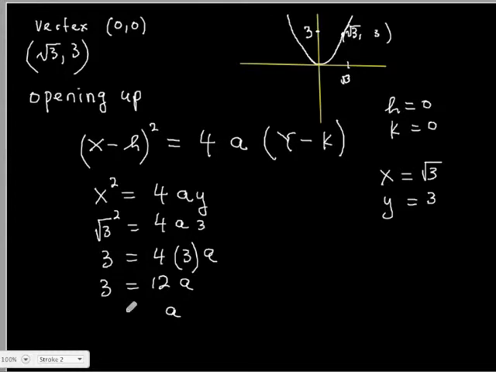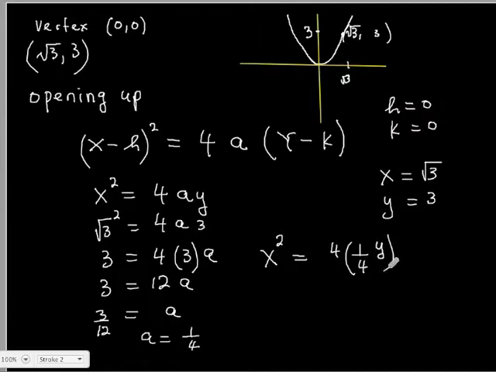You know that a is equal to 3 divided by 12, which is a is equal to 1 over 4. Now you can figure out what the equation is. It's x squared is equal to 4 times 1 over 4 y. x squared is equal to y, or y is equal to x squared.